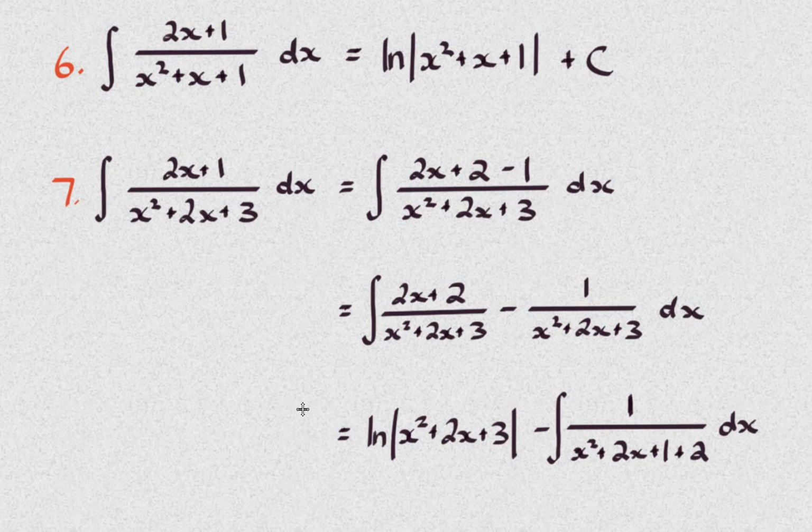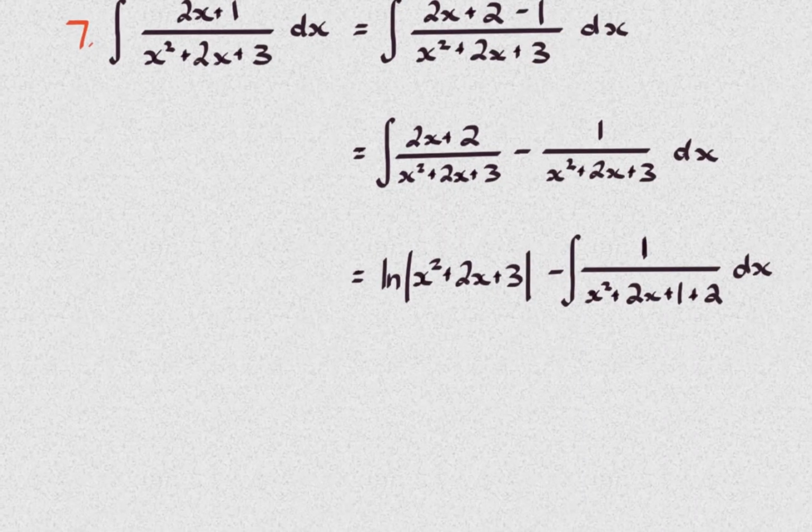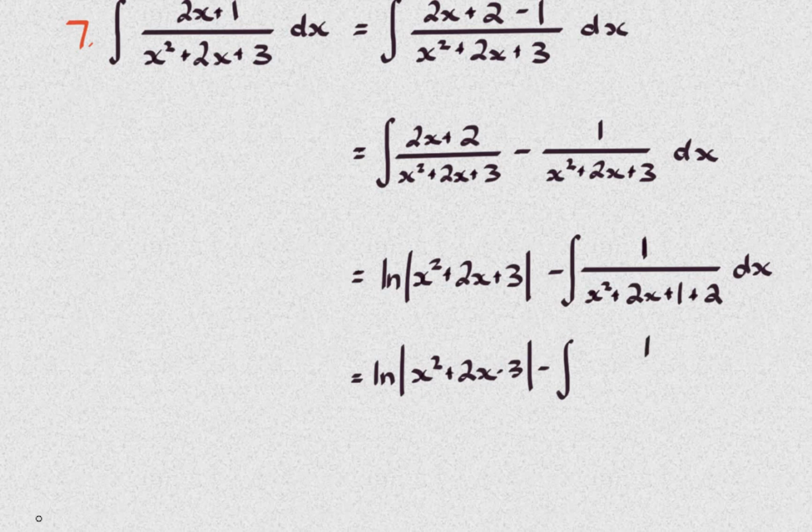So give ourselves a bit more room. Okay, so we still have this natural log function. Let's write that out. And this part becomes x plus 1 all squared plus 2.